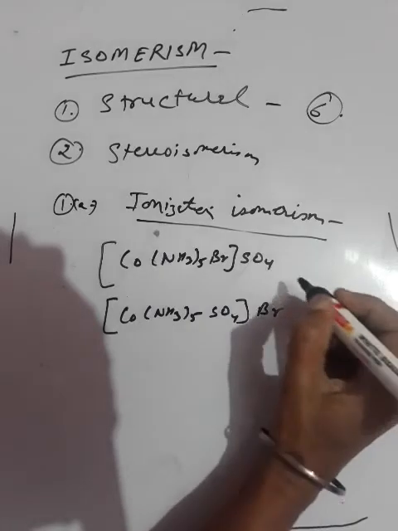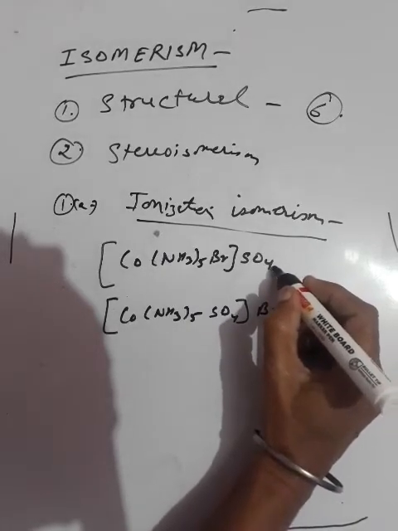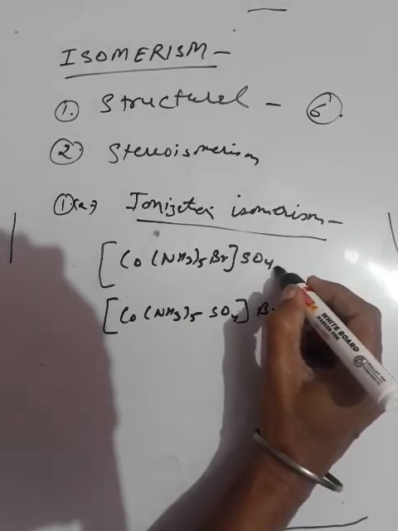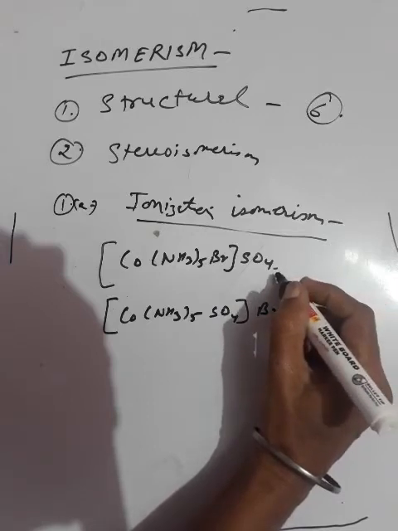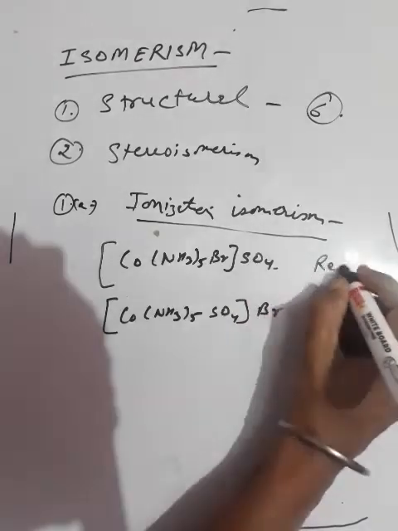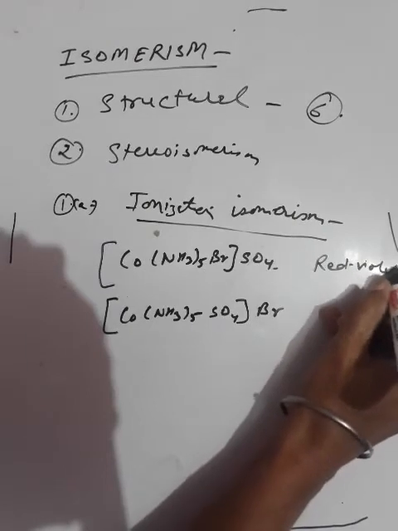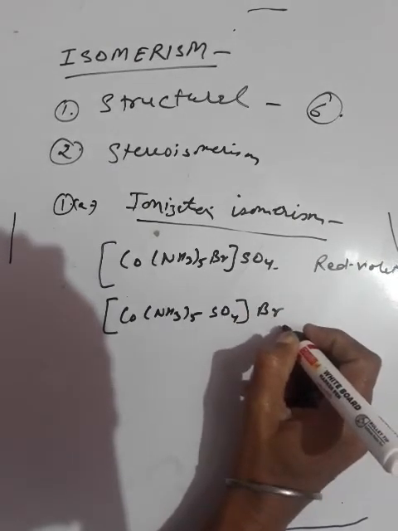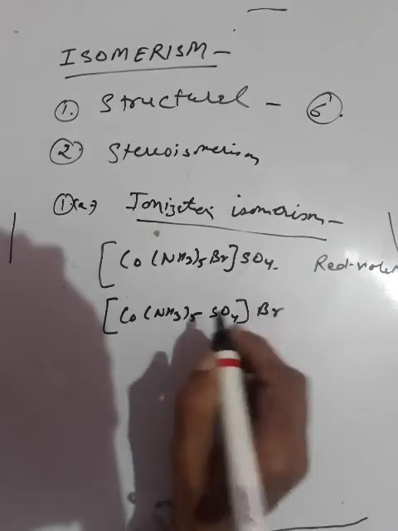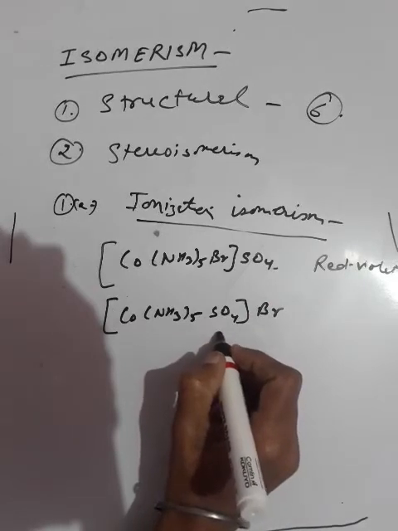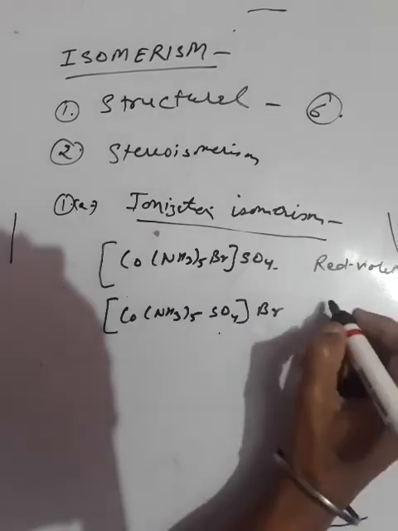Here this compound is called pentaamminebromocobalt(III) sulfate. This is of a red violet color, while this compound is called pentaamminesulfatocobalt(III) bromide. It is of red color.